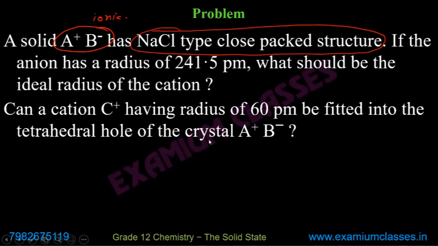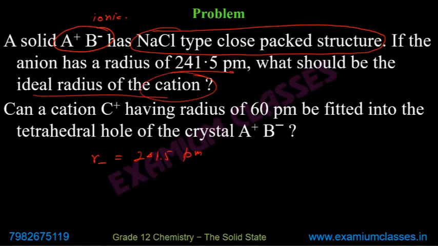Next, if the anion has a radius, meaning r minus is given as 241.5 picometer, what should be the ideal radius of the cation? So you know for cation, it is 0.414 r minus. Substitute the value of r minus and get the answer.